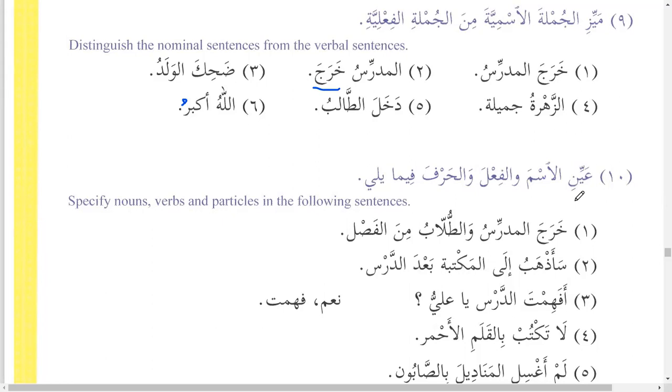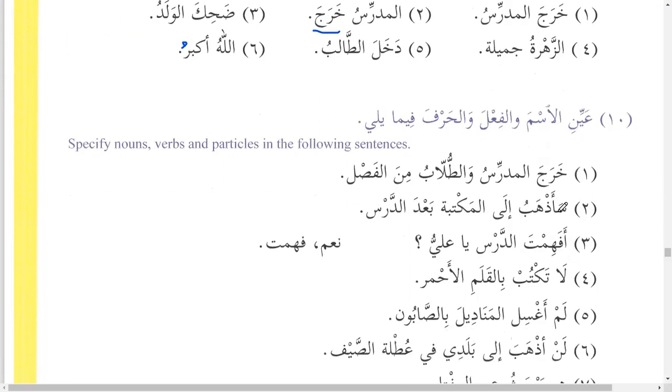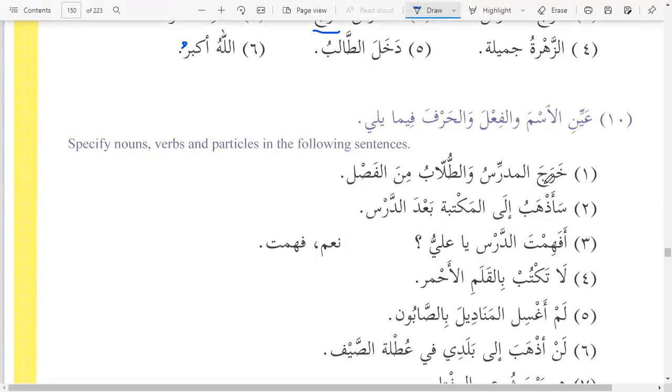Now we have reached where you will, inshallah, start enjoying it. Ayyin al-isma wal-fi'la wal-harfa fima yali. We have to specify the verbs, the particles, and the nouns. Kharaja, verb. Al-mudarris, noun.